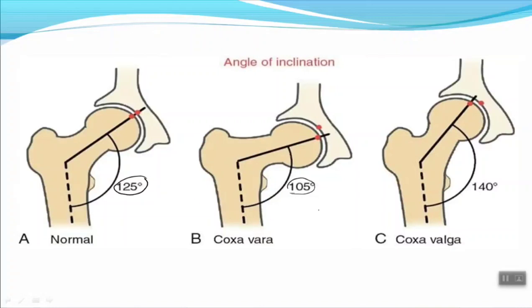This is named coxa vara, and this one is an increase in the angle, named coxa valga. In a child before weight bearing, we have coxa valga; in an adult we have a normal angle; in the senile person we have coxa vara. A change in this angle of inclination has a direct effect on important muscles around the femur, like the gluteus medius, and we have some pathological positions with a change of this angle. I will tell you in the soft tissue anatomy.